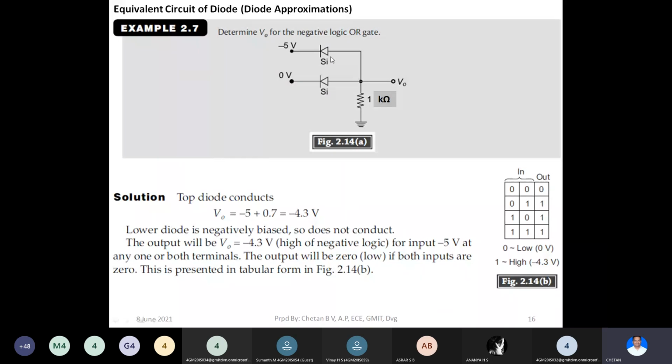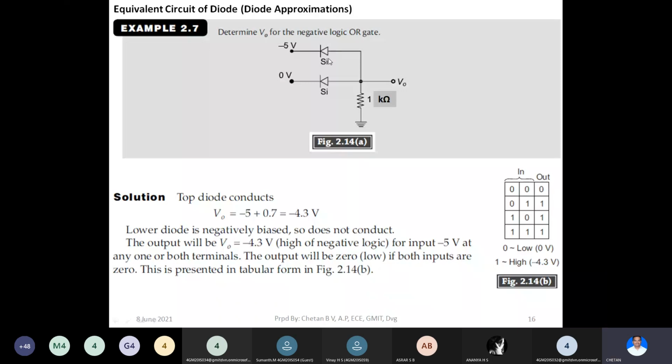Once this silicon diode is forward biased, the first thing is you have to replace this silicon diode with its equivalent circuit. If you use the approximate model, then you have to replace this diode with a battery. The negative terminal of the battery would come here and the positive terminal would come here, right?